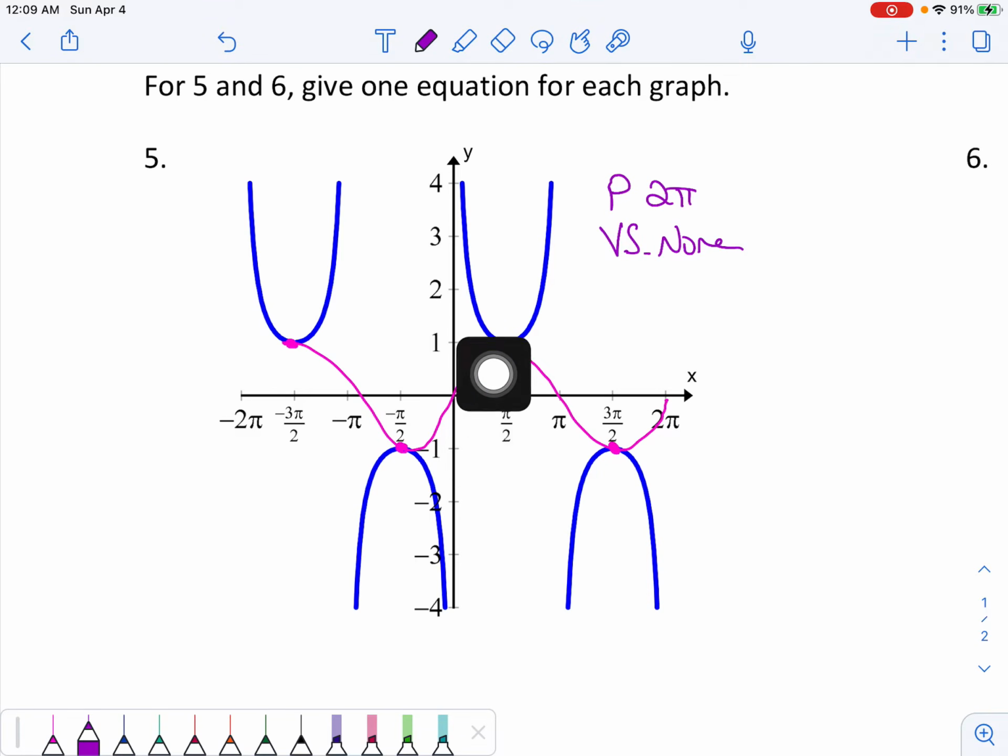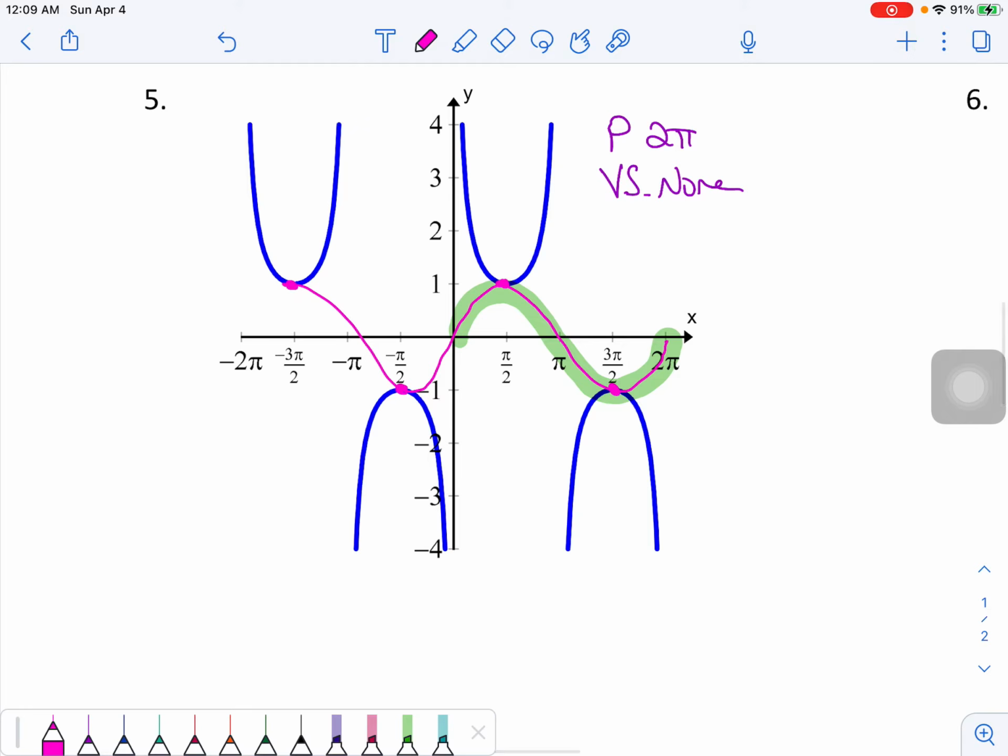Amplitude for the sine curve or cosine curve is just going to be 1, so I don't have to worry about a coefficient here. And if I look at this part of the curve, and I'll go ahead and highlight it in, let's say, green here, this curve right here is the standard sine curve. Since that's the sine curve, no reflection, nothing weird about it, sine is reciprocal to cosecant.